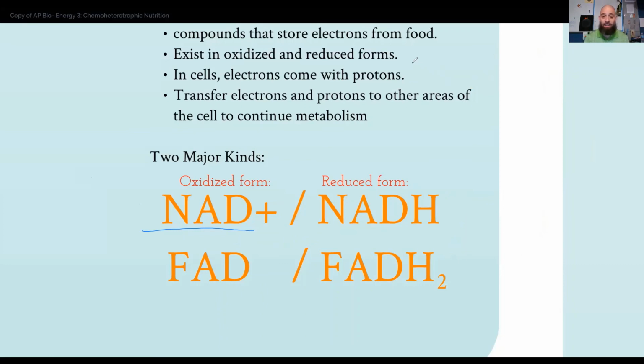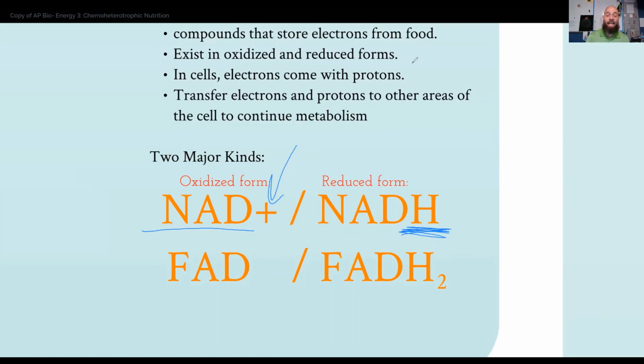How do you know that it only has the proton? Because it's represented by that plus right there. Well, how do you know it doesn't have the electron? Because if it also had the electron, one proton and one electron equals hydrogen. So if it had the electron, it would be listed as a hydrogen like it is on the right side over here. So NADH, charged up version, has the electron.